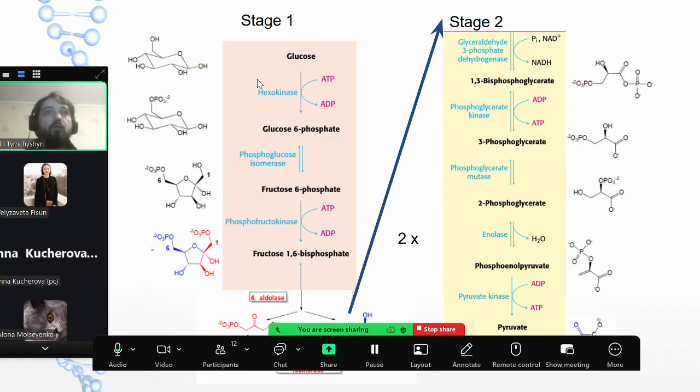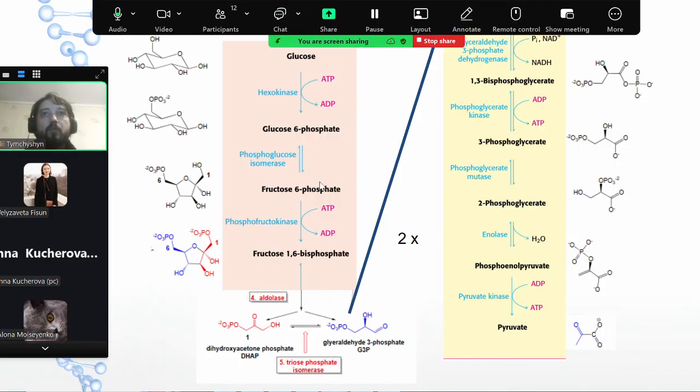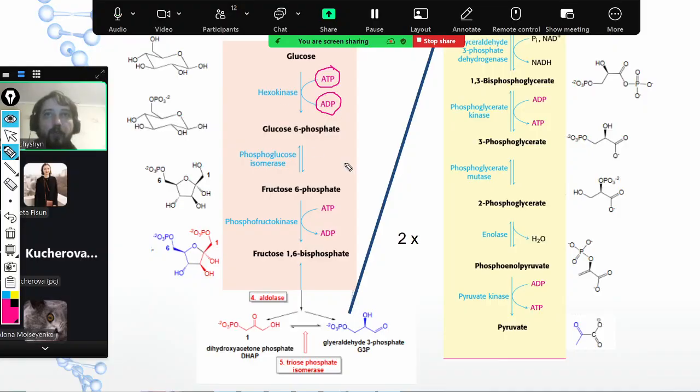There are two parts of this glycolytic pathway. In the first part, you are performing some sort of investment. Here we use ATP, transforming it into ADP, to perform some work. We spend energy to perform certain work.